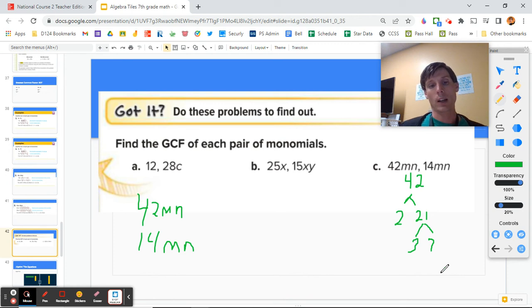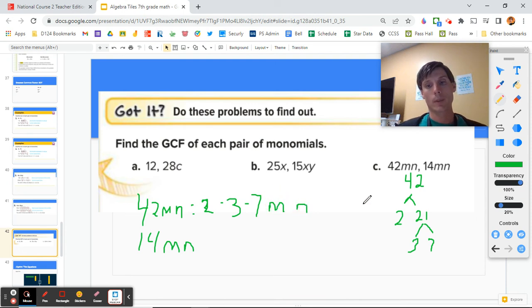So we found our prime factors of 42mn: 2 times 3 times 7 times m times n.